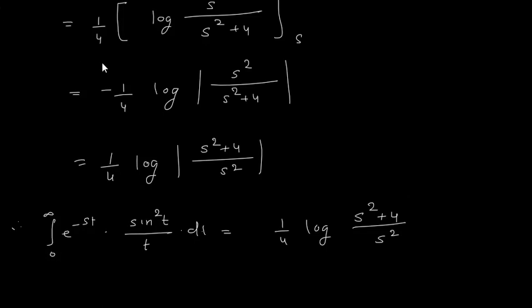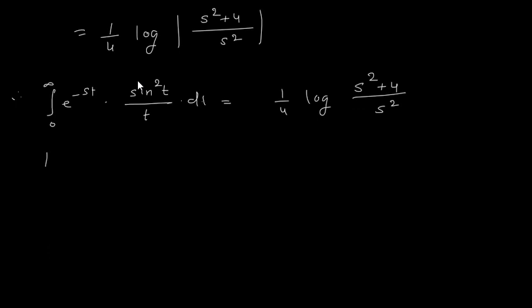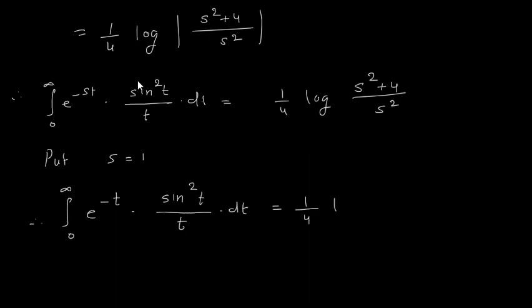Now I have to prove that the integral from 0 to infinity of e raised to minus t. That means I will put s equals to 1. So put s equals to 1. We will get therefore the integral from 0 to infinity of e power minus t into sin square t upon t into dt equal to 1 upon 4 log of, in place of s we are going to put 1.